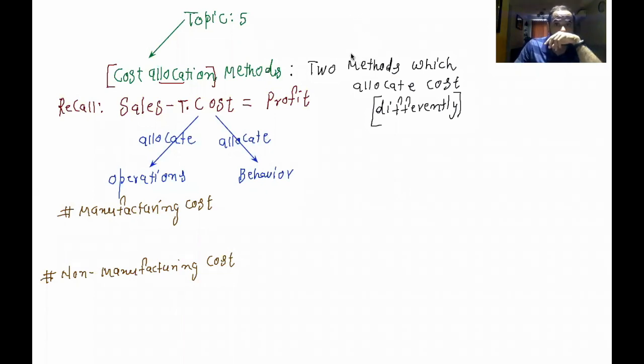By behavior, cost is divided into two parts: variable cost and fixed cost.